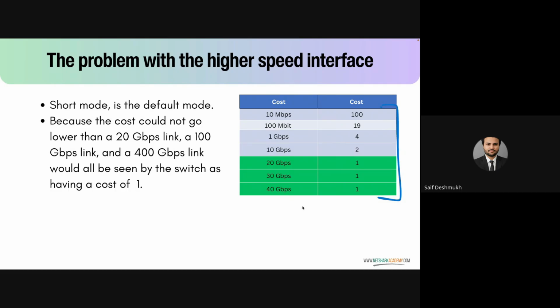This is the default. You will see it on all the gigabit links the majority of the time. The problem is that the cost could not go lower than 1 when we had interfaces higher than 20 Gbps.